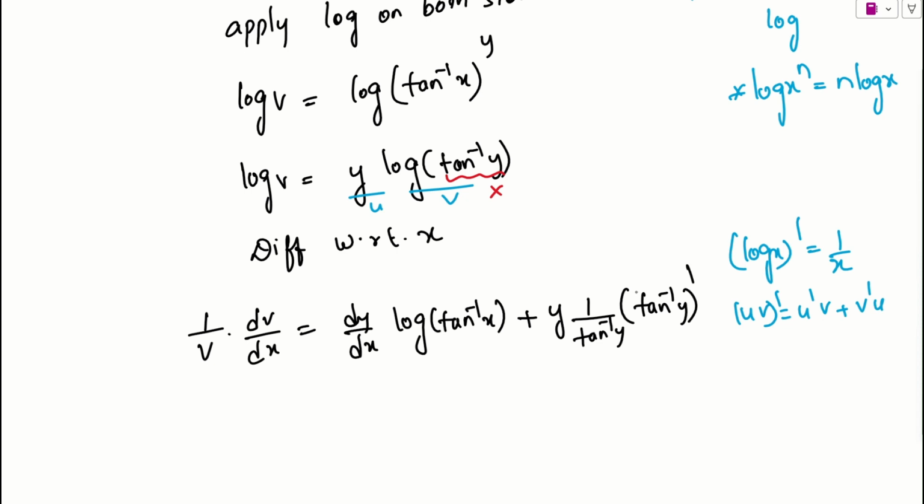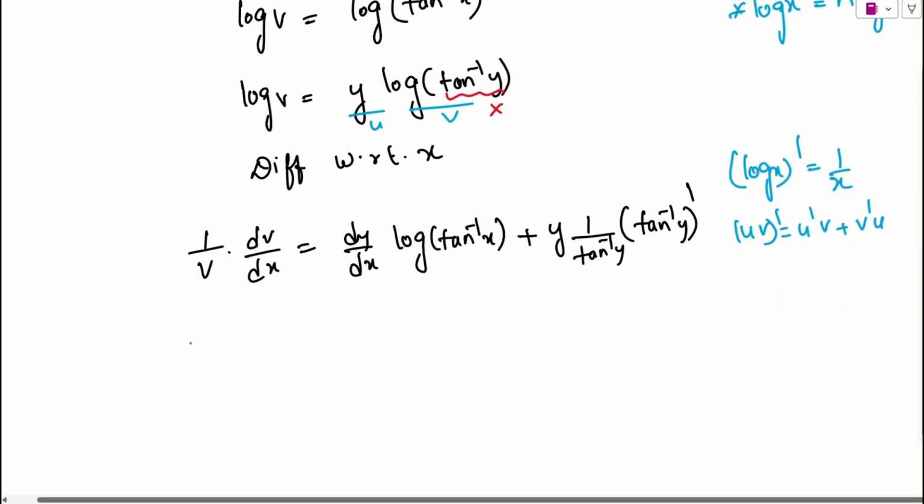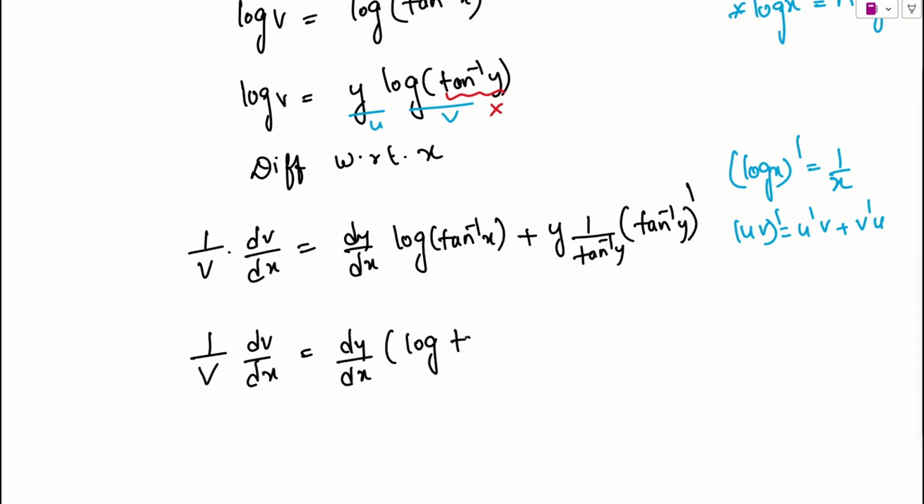If you have any doubts or anything you didn't understand, just let me know. So from this I can say 1 by v into dv by dx is nothing but dy by dx times log tan inverse of x, plus y by tan inverse of x.